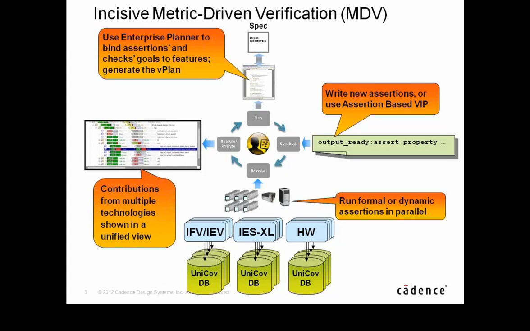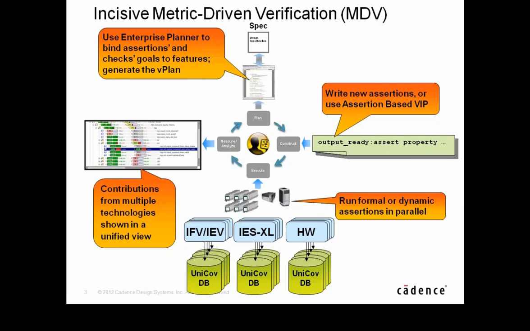Then, using the same analysis tool, which is vManager or Enterprise Manager, you can pull up all this data together, and data from all three technologies can be seen next to each other. And it can be merged. Multiple formal runs can be merged, multiple simulation runs can be merged. You can see the data together and analyze it together.